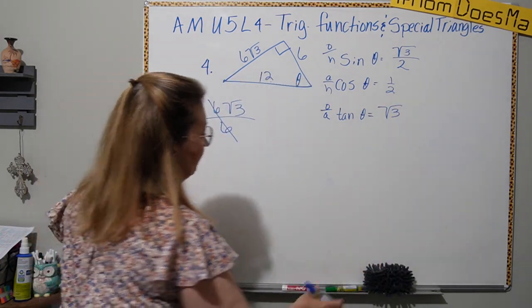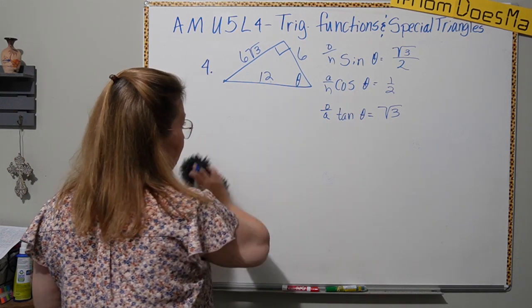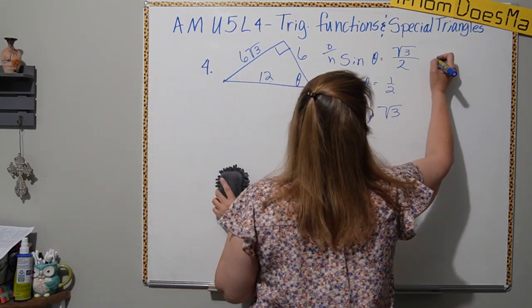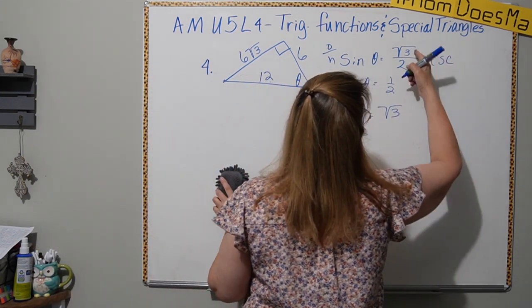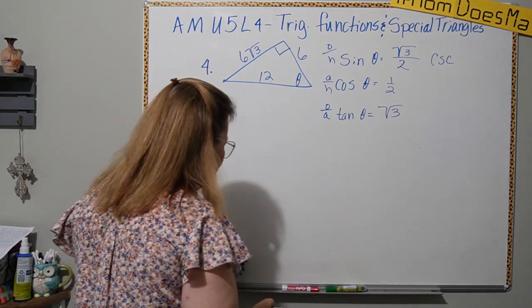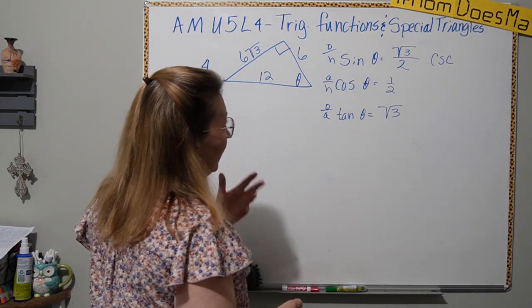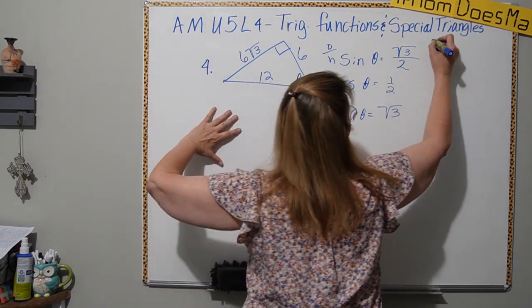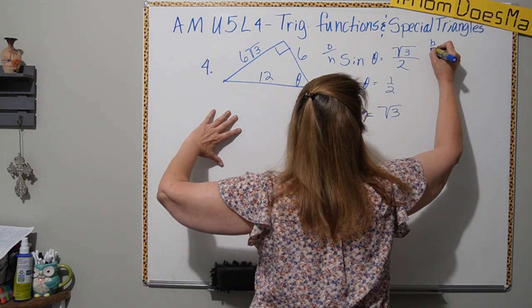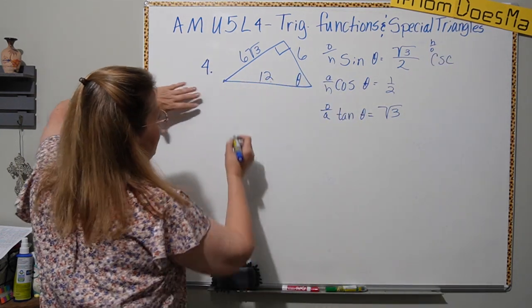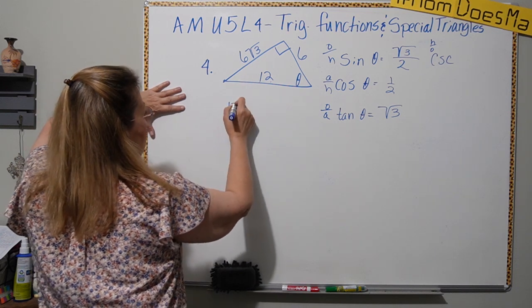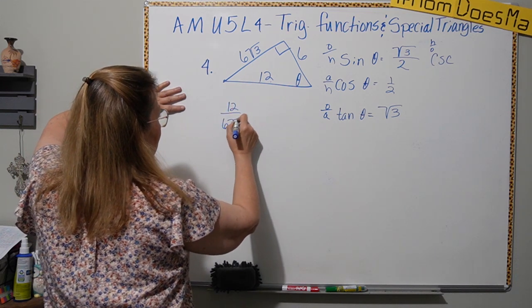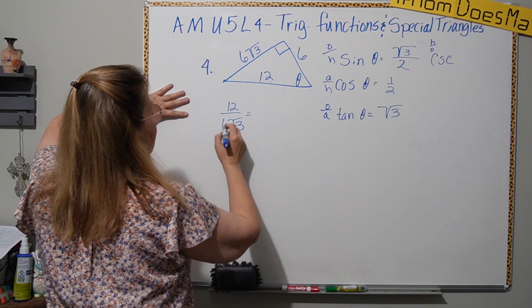Okay? All right, now let's go do our co-functions. So this one, since I've got a radical on the top, if I flip it, I'm going to have to rationalize it. So I'm going to come back to my beginning. Cosecant is hypotenuse over opposite. So if I do 12 over 6 square root of 3, I'm still going to have to rationalize, but that's all right.